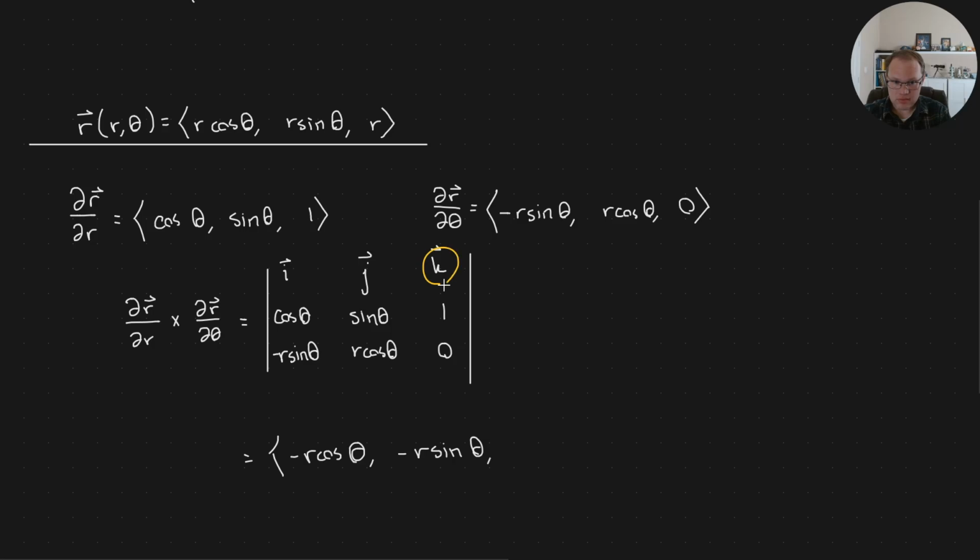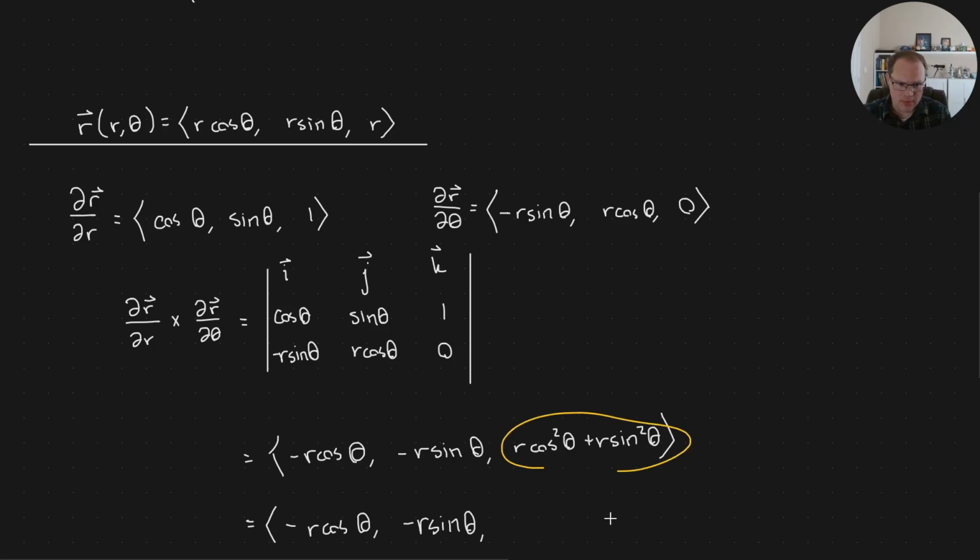And for k, I get r cosine squared theta minus negative r sine squared theta, so r cosine squared theta plus r sine squared theta. And then if I factor out the r, I'm left with cosine squared plus sine squared, which is 1, times the r that I factored out. I just have an r.